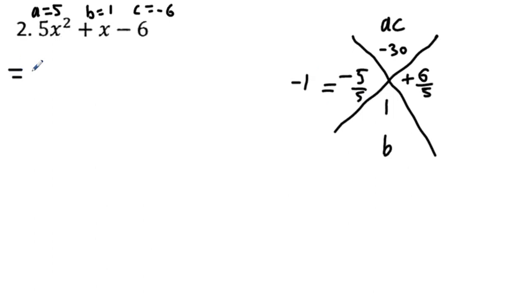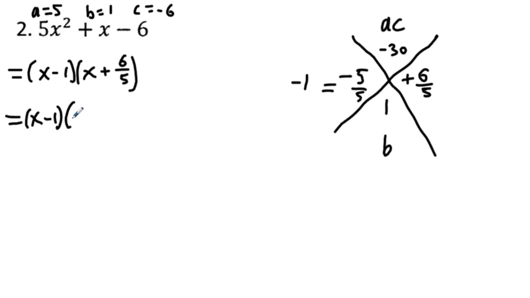So what we get here is x minus 1 times quantity x plus 6/5. And now we bottoms up that 5, so we have quantity x minus 1 times quantity 5x plus 6.